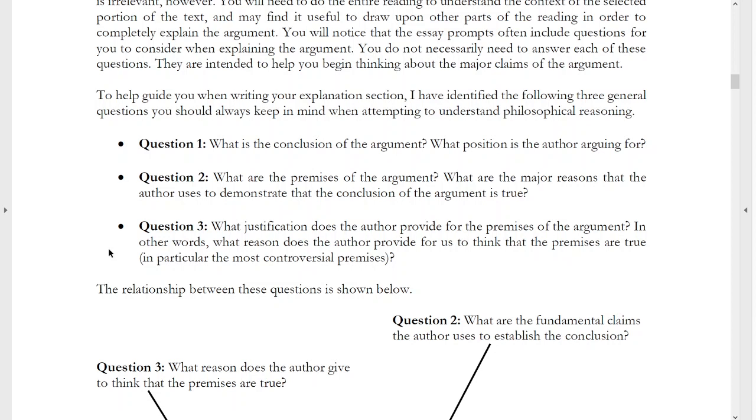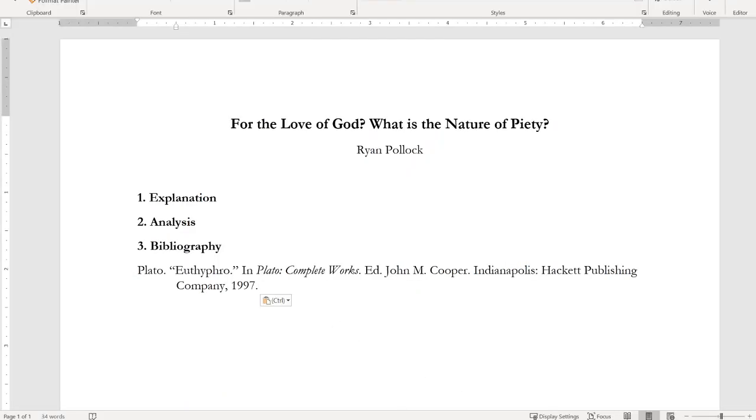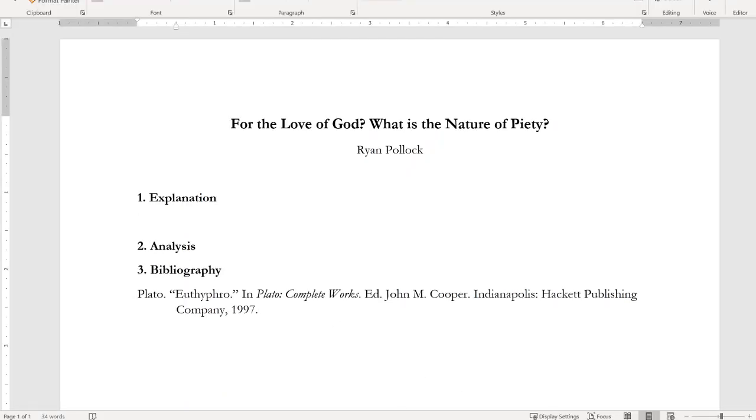So, one sentence that, if you have it in your explanation section, lets me know that at least you're on the right track in terms of your orientation would be something like this. Now, of course, it doesn't have to be exactly this sentence. It doesn't even have to be the first sentence of your explanation.